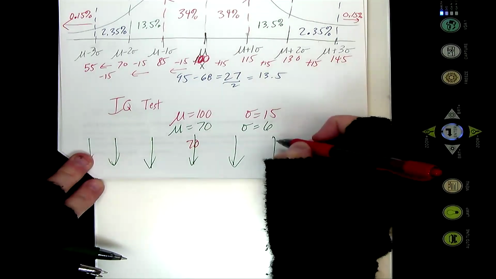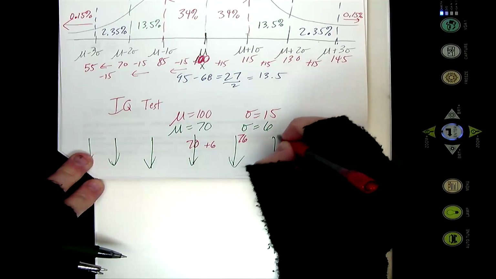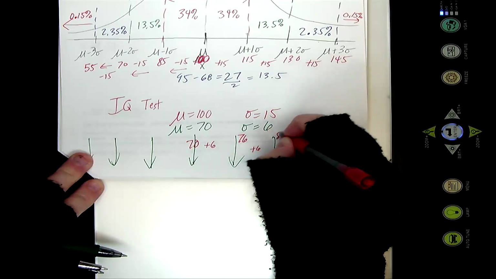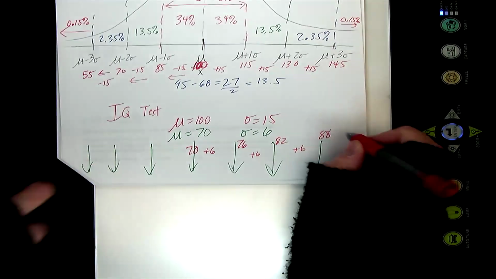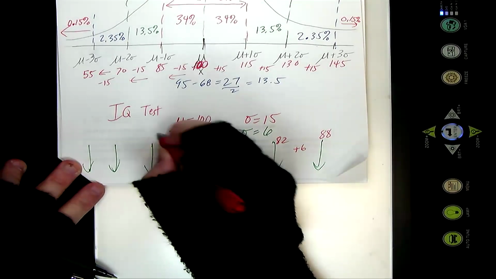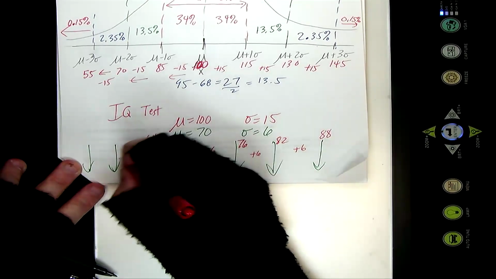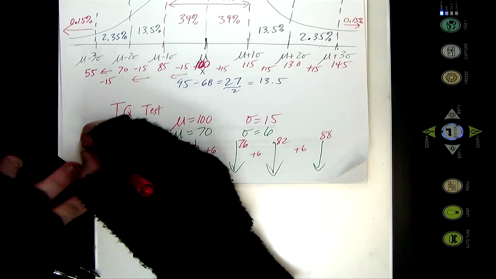Put the 70 in the middle. And you keep adding 6 as you go to the right, so this is 76. 76 plus 6 gives me 82. 82 plus 6 gives me 88. And I will subtract 6 going to the left. 70 minus 6 is 64. Then we have 58, and then we have 52.